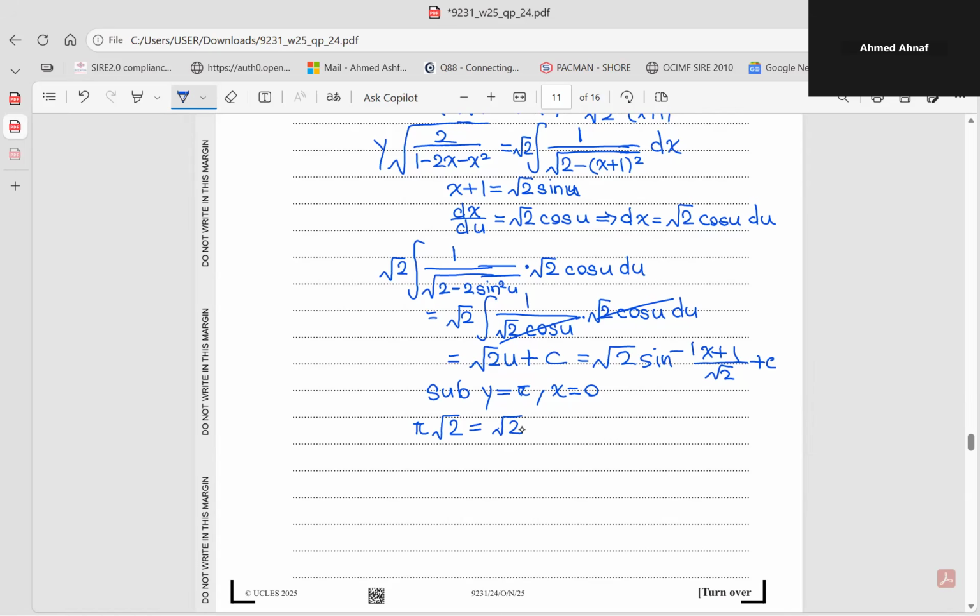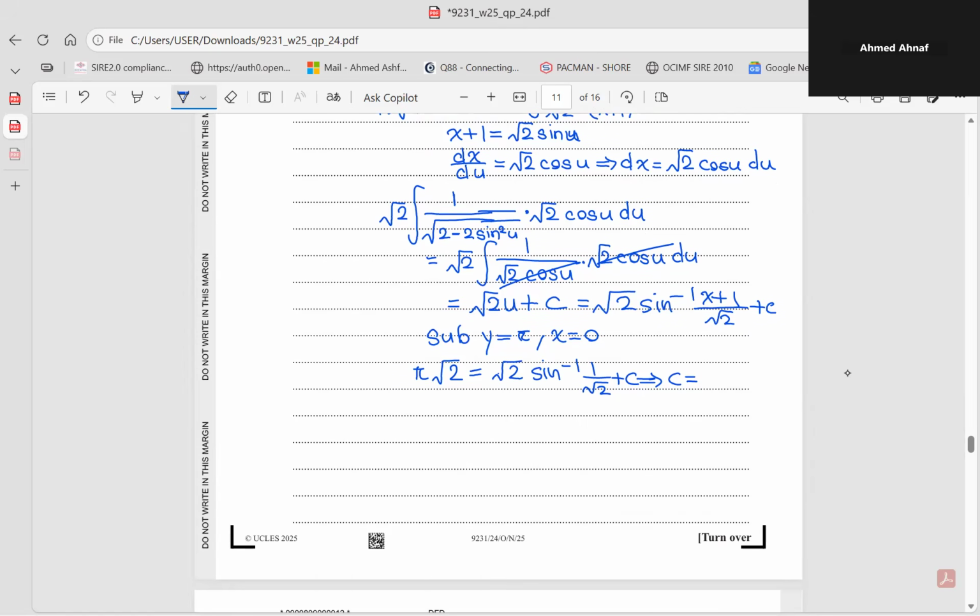sine inverse 0 plus 1 over square root 2, square root 2 sine inverse 0 over square root 2 plus c. And then you will get c equals, I guess sine inverse half is pi over 6.